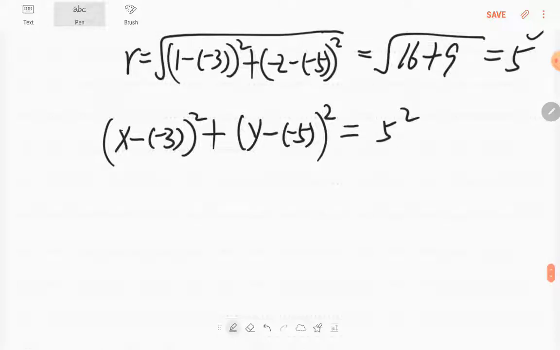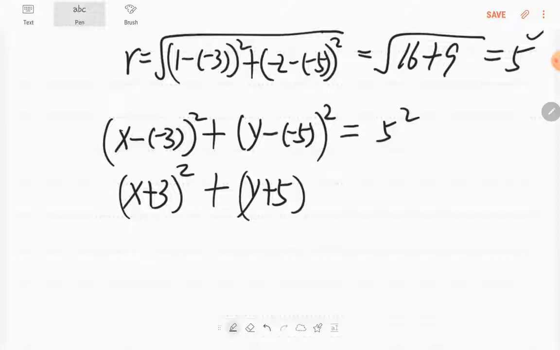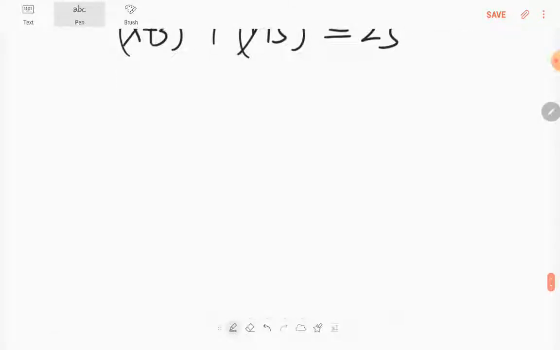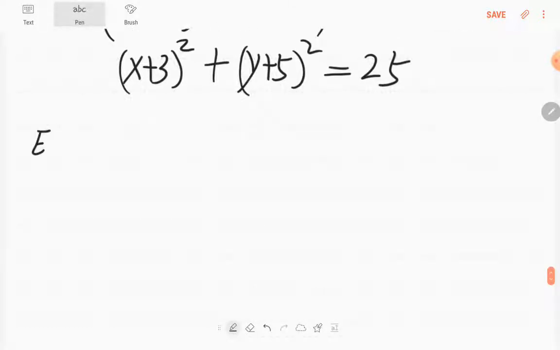So let's rewrite: x plus 3 squared plus y plus 5 squared equals 25. So this is your equation.